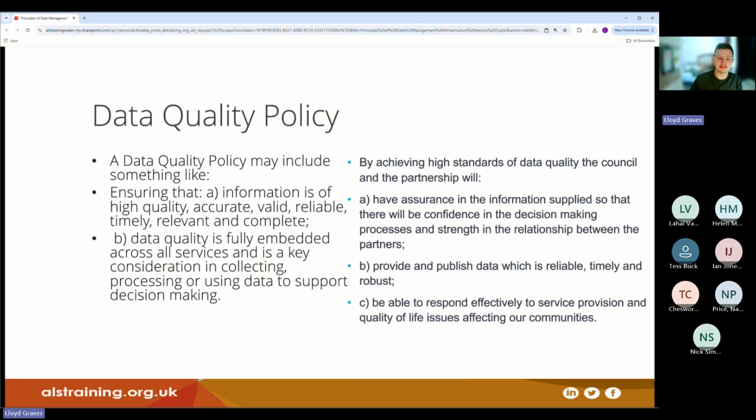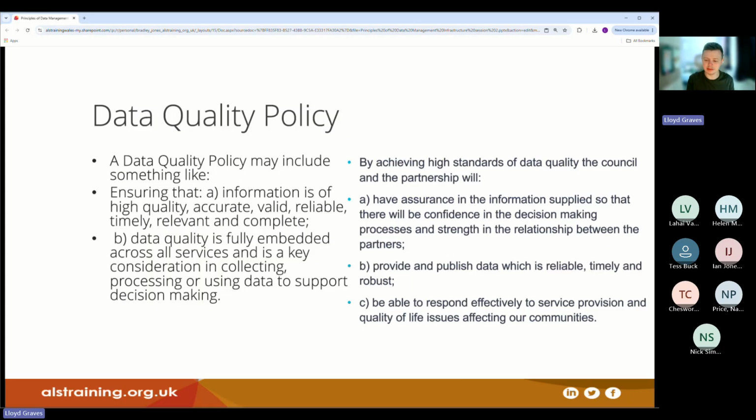Yeah, and then, like I say, things like this here, these are more like end outcomes: providing and publishing data which is reliable, timely, and robust, being able to respond effectively to service provision and quality of life issues affecting our communities. So you can talk about that as well, what the policy ensures, if that makes sense. So what's included in the policy? What does it outline?